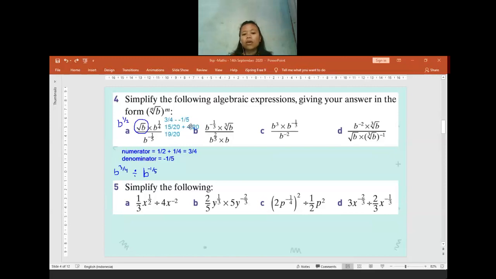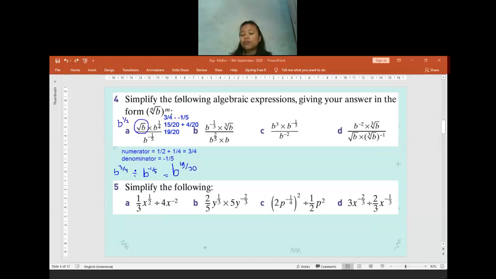Is there anyone who disagrees or gets confused when I write b to the power of 19 per 20? It's okay to tell me. I'm a normal human. Maybe I will make a mistake also. So it will be b to the power of 19 per 20. Read the question.